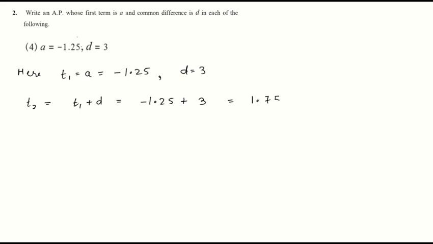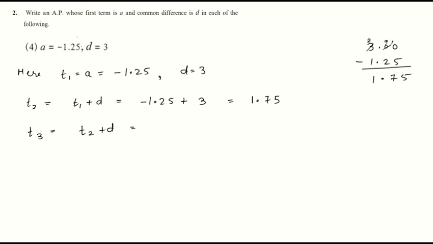How did we get this? 3 means 3.00 minus 1.25. On solving this, we will get 1.75.